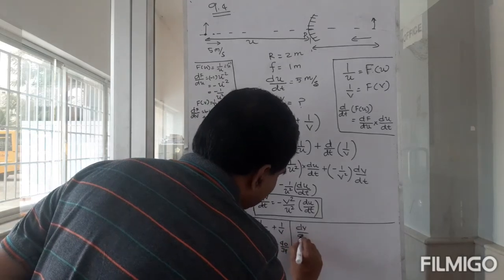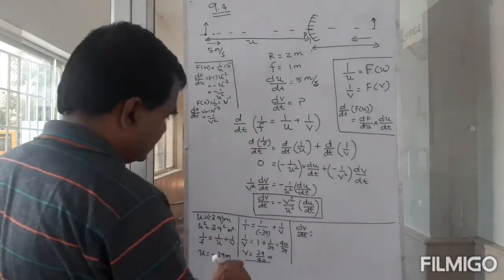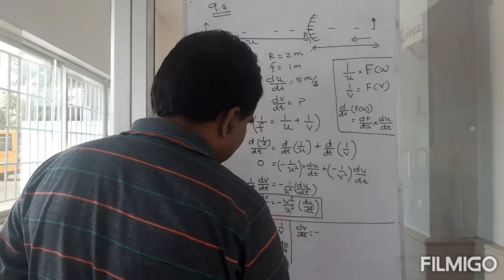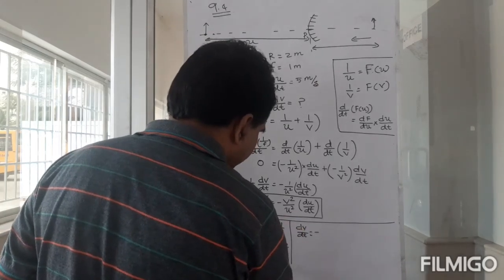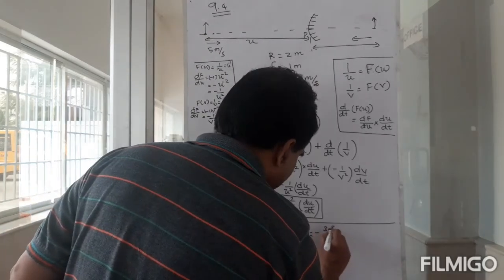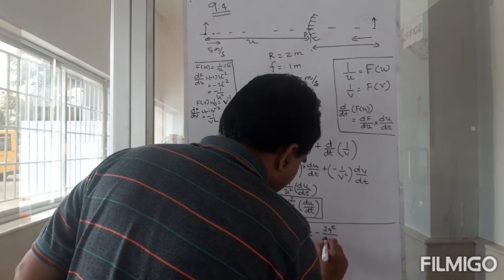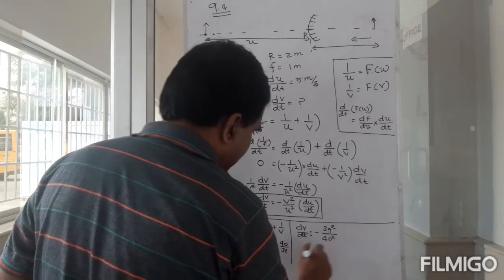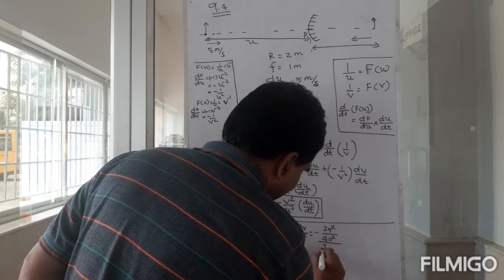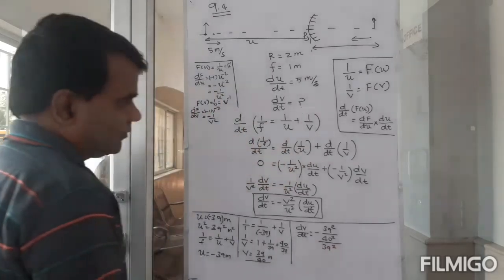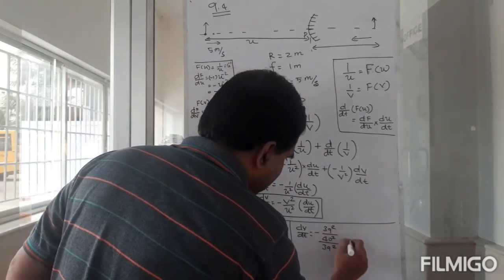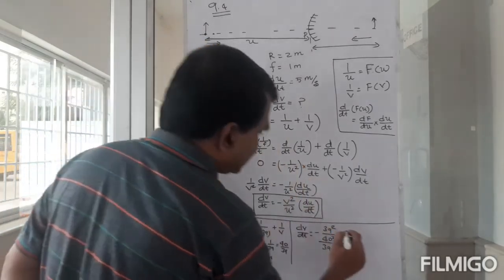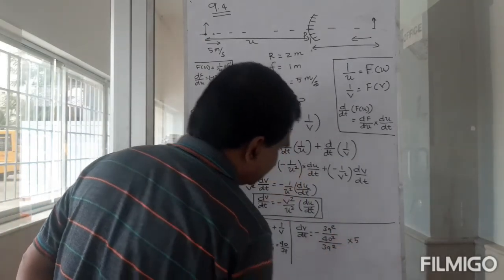Your dv by dt is equal to minus v squared, which will give you 39 squared by 40 squared, divided by u squared, 39 squared, and then multiply the whole thing by du by dt, which is 5 meter per second.